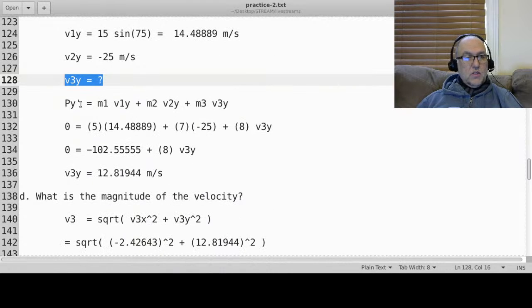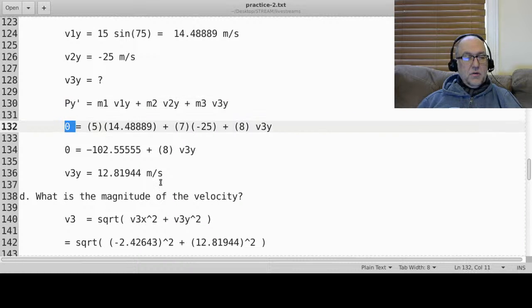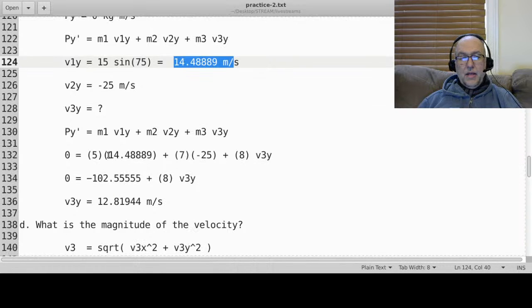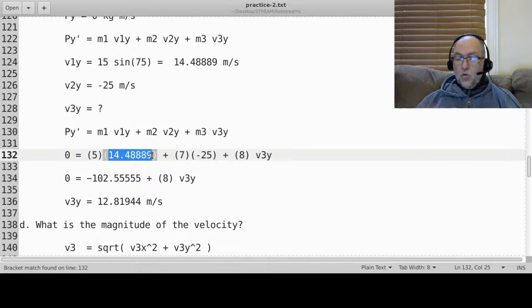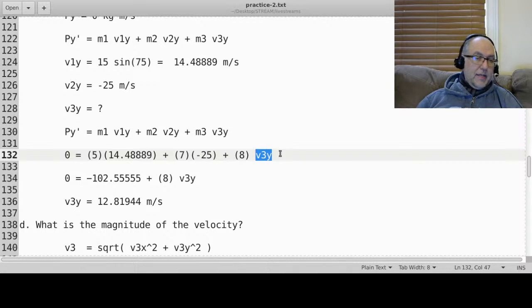So just substituting into that equation there. The y component after is still 0. m1 times v1y is this new value; before, in question 1, it was 0, but now it's 14.4888889, plus 7 times negative 25, plus 8 times the unknown v3y.